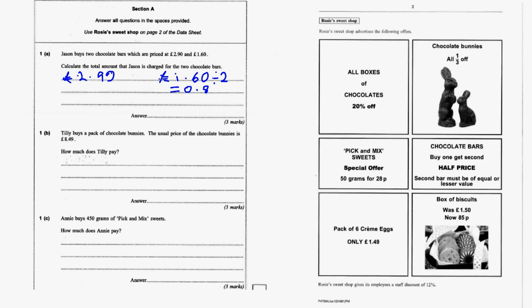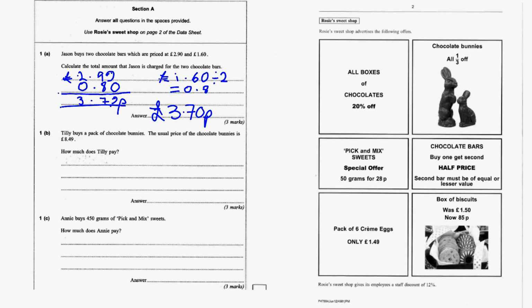Now because this is 80p, I add this onto here, so it's 0.8, which is 80p, and I add these values together, tap it on my calculator, £2.90, and that gives me £3.70. And I will put this into my answer here, £3.70.